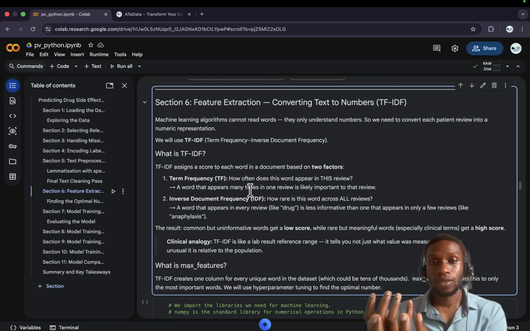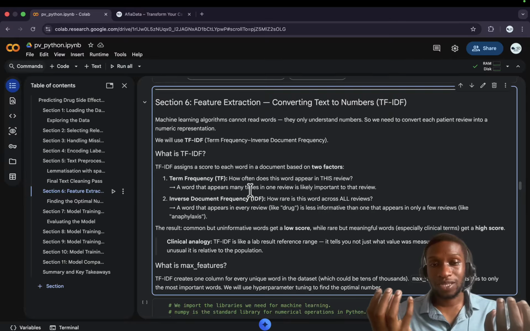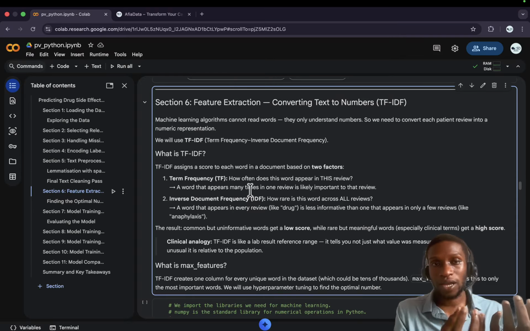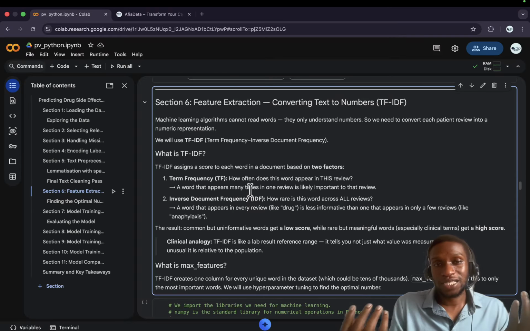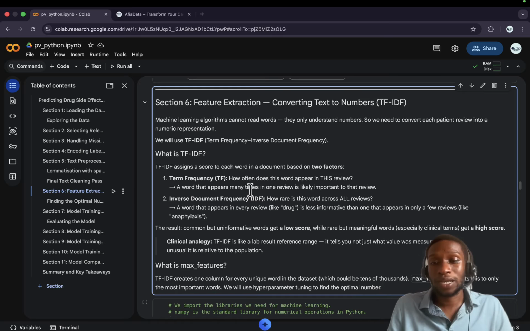If this word only appears in this review, then that word is important to this review. But if it appears everywhere, then chances are it's just a common word and doesn't hold much weight for us to identify how significant that word is to a particular review.